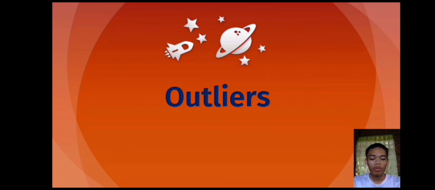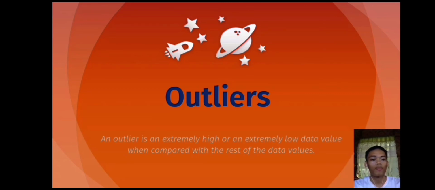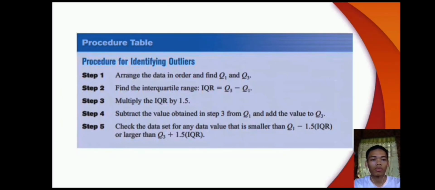So these are the methods in checking for outliers. Step 1 is to arrange the data in order and find the first quartile and third quartile. Step 2 is to find the interquartile range. Step 3 is to multiply the interquartile range by 1.5.